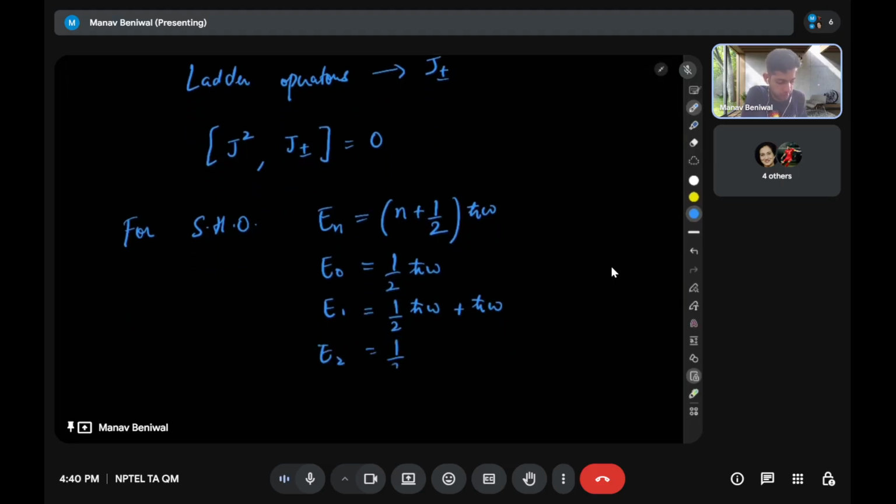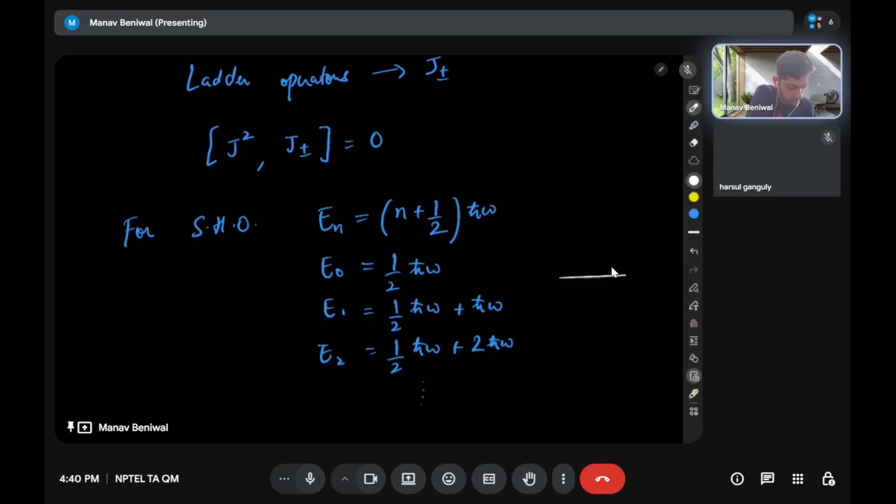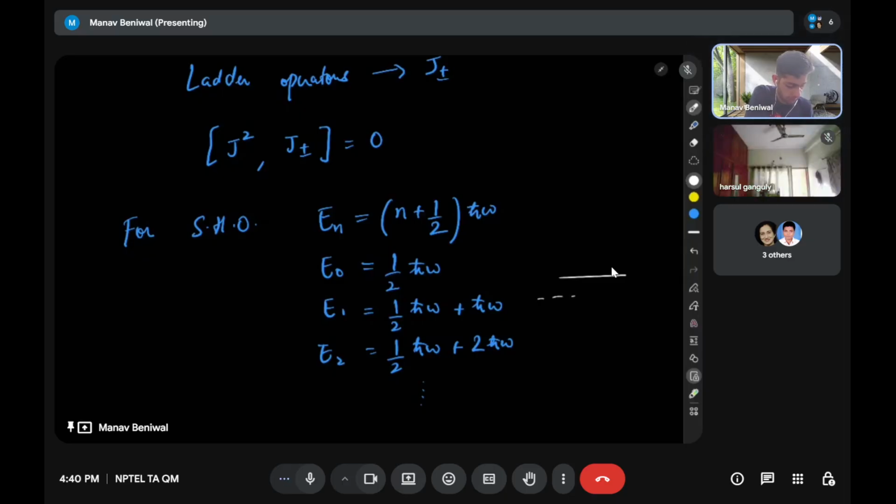The second one will be plus 2h cut omega and so on, right? So let's say this is my ground state, and this is absolute zero energy. So this has energy of half h cut omega, correct?